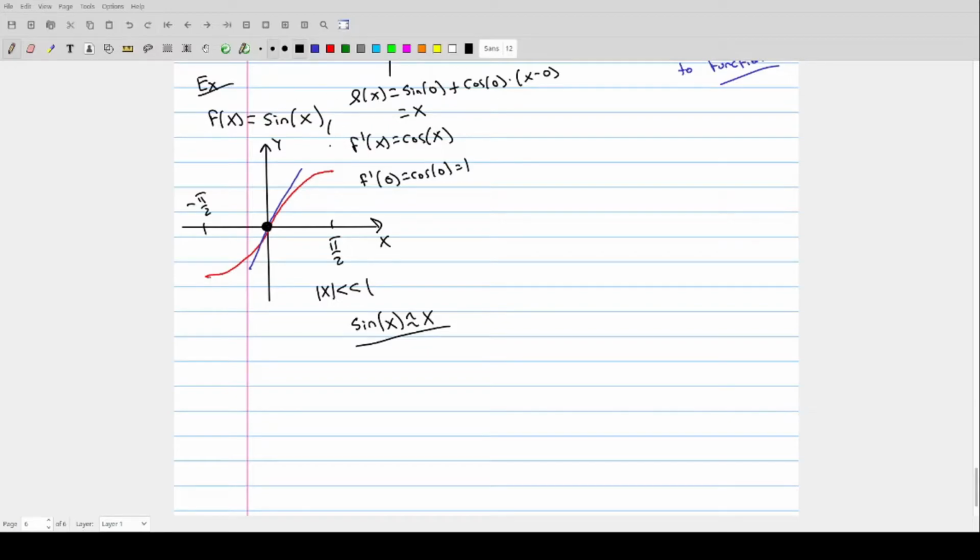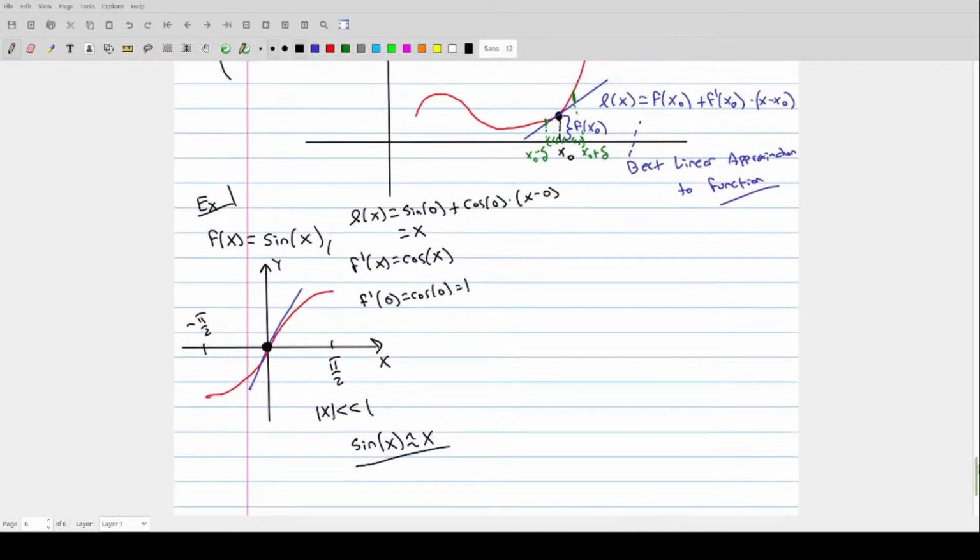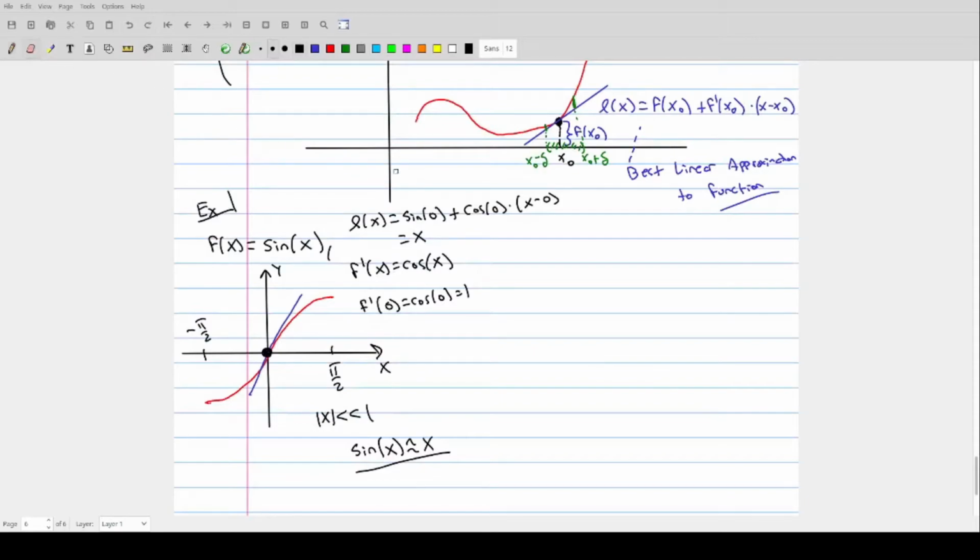But we can do this because sine of x is a differentiable function at this point. So its linearization at any given point is approximately equal to the value of the function near the point. If instead you consider a different example, the standard example in most Calc 1 classes for a function that's not differentiable, the absolute value function, we'll do that right here.